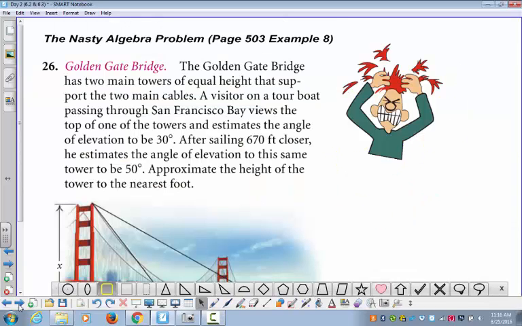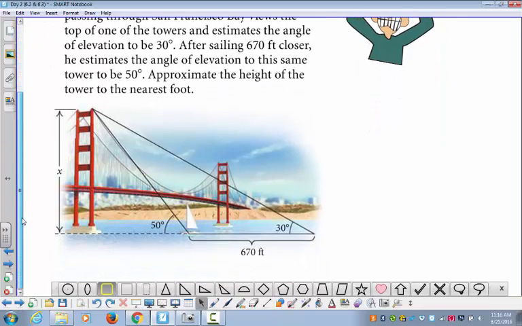Okay, we looked at this one last class, and I want to do it again, because it always takes at least twice of doing this problem before it really sinks in. So we're going to do it again, but with different numbers, of course. Doing it with the same numbers is not really that helpful. I refer to this one as the nasty algebra problem. It's one of the few problems where we solve a system like you did in 121, but it's got a lot of nasty numbers in it.